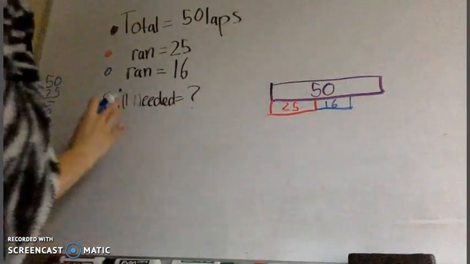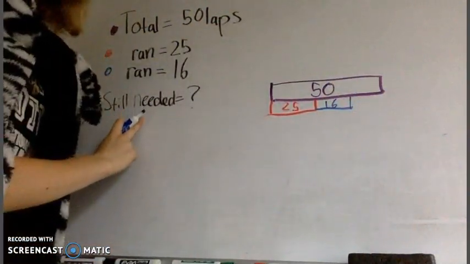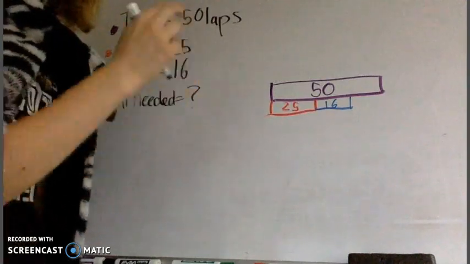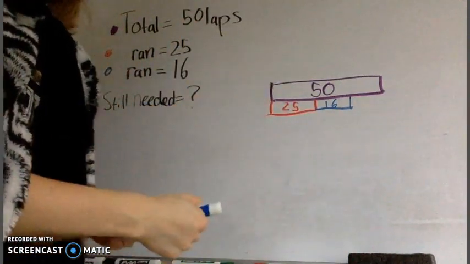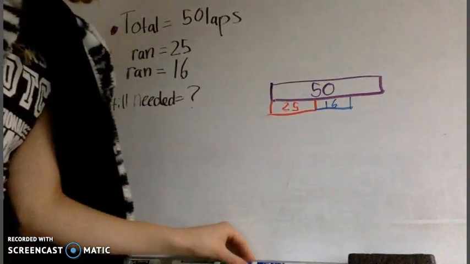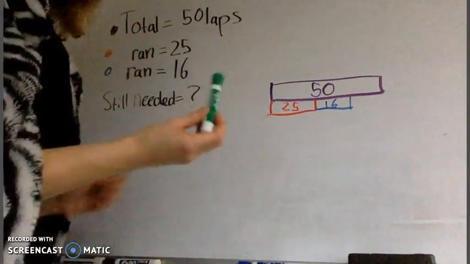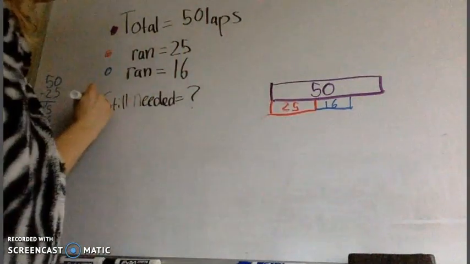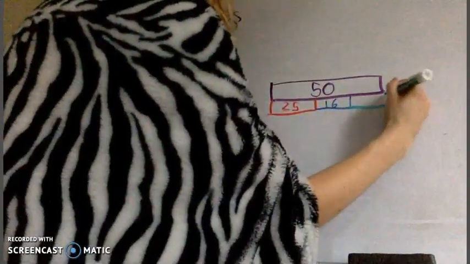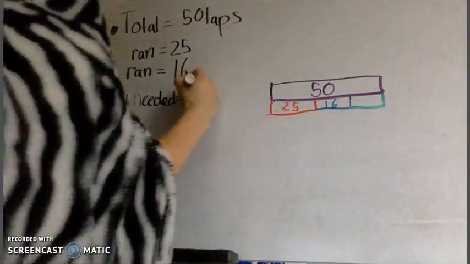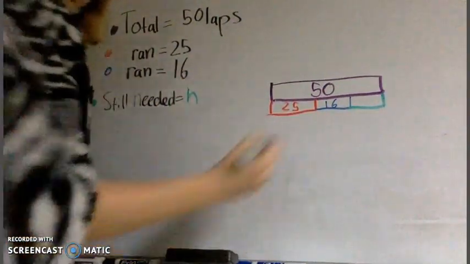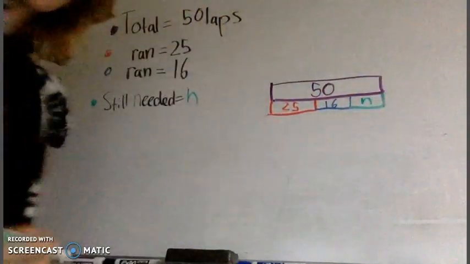But we still need to run more. So instead of having two parts to one whole, like we have had with all the other problems, now we're going to have 3 parts to make this whole. I'm going to put this in green. Still needed? We don't know. So the variable I'm going to use is n for the number that we don't know, and I'm going to put n in the box that we don't know.